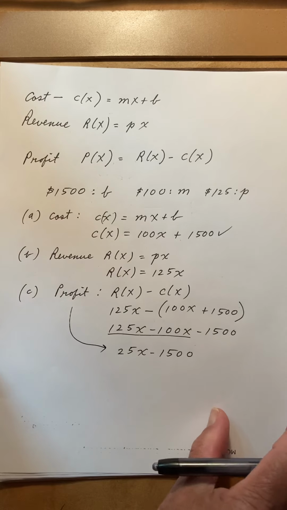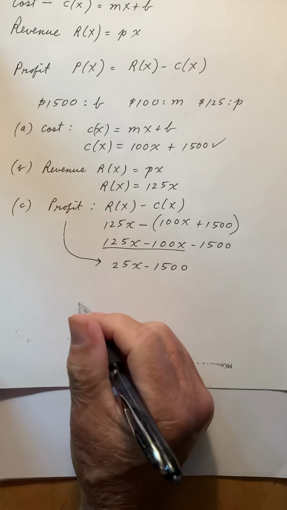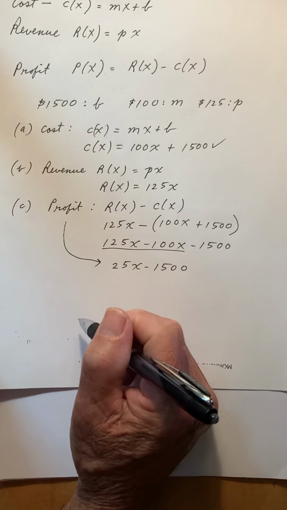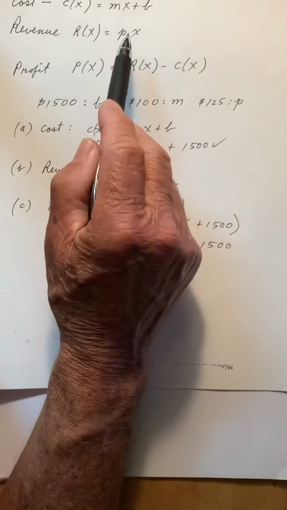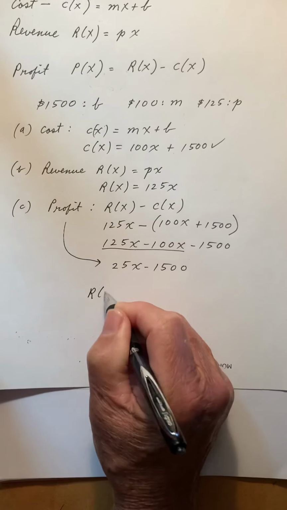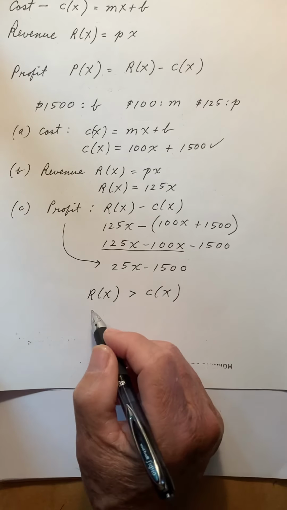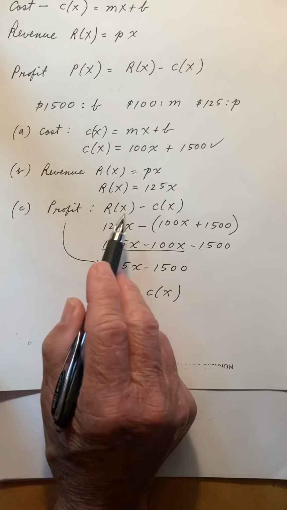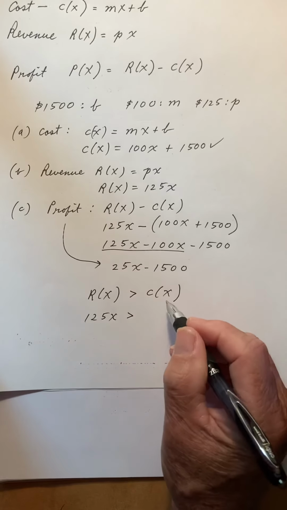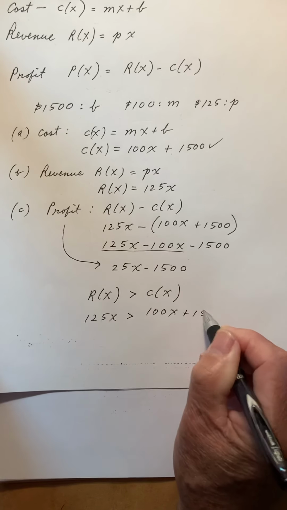Then there is a question associated with this problem where we have to do some calculations, because they want to know how many items must be sold to make a profit. Now, to make a profit, the revenue has to be larger than the cost. So the revenue function has to be bigger than the cost function. So the revenue function, as we said, was 125X. The cost function, we said, was 100X plus 1,500.